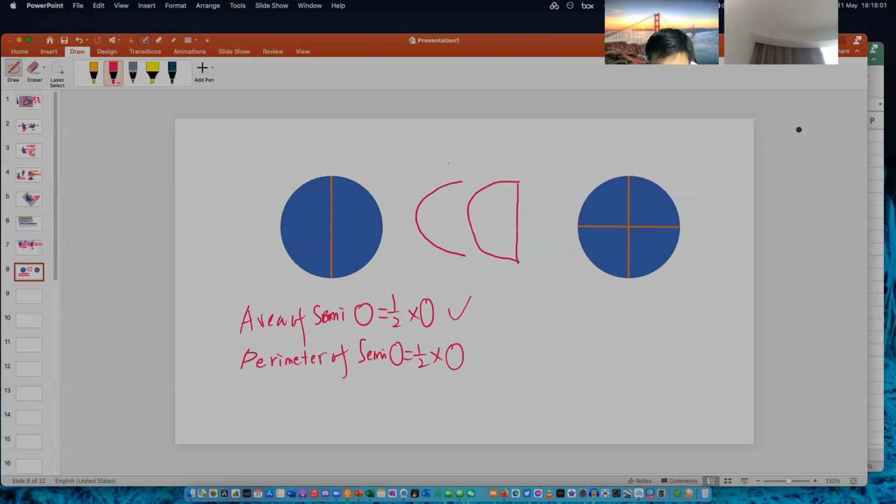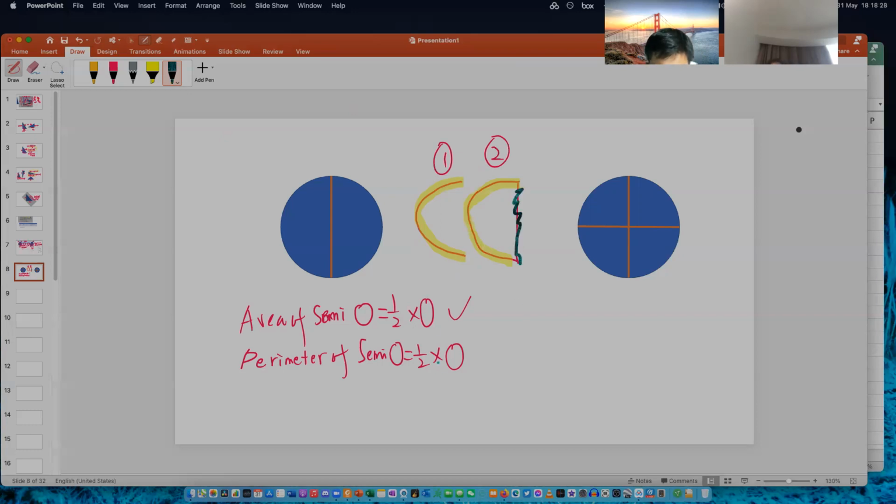Do you know what's the difference between the first one and the second one? Basically the first one, all you need to do is find this part, which is half of the circle. But for figure 2 here, not only do you need to find half of the circle, you also need to add the diameter. Can you see this diameter?